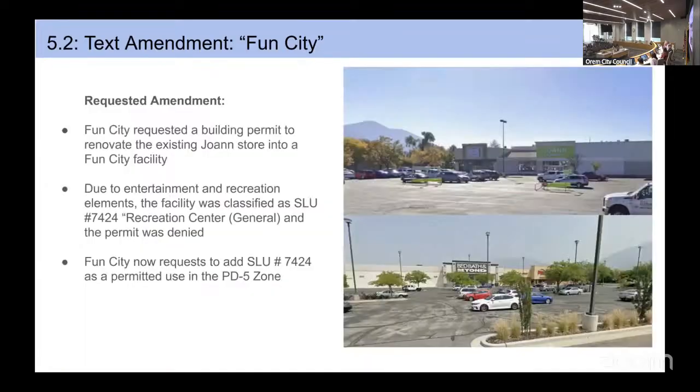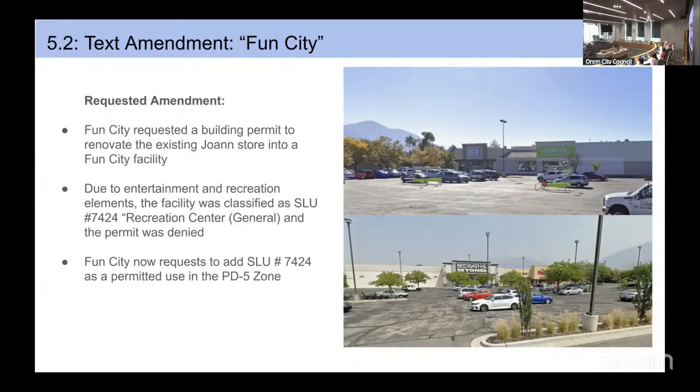So that brings us, sorry, any questions at this point? Okay, so that brings us to the source of the text amendment itself. Fun City requested to pull a building permit at the existing Joann's to do a trampoline park inside of it.